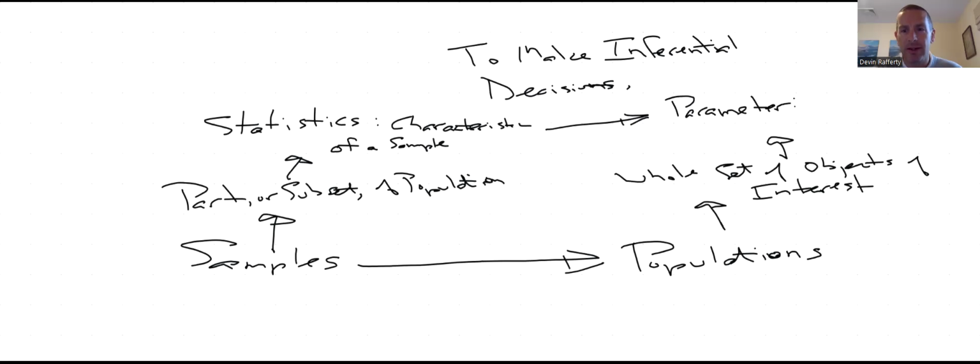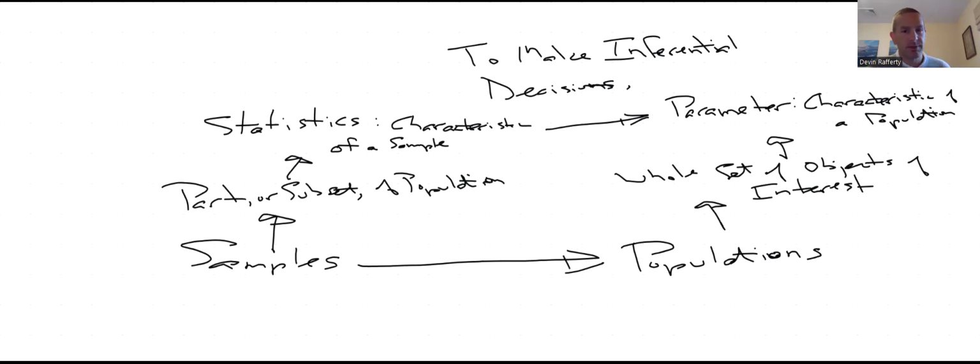A parameter is a characteristic of a population.